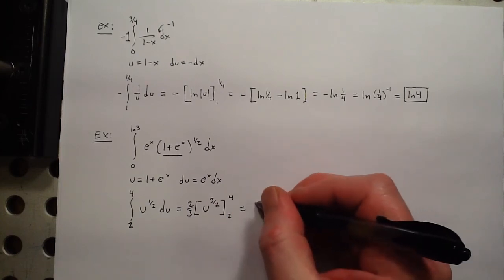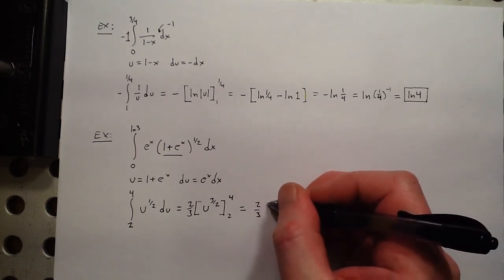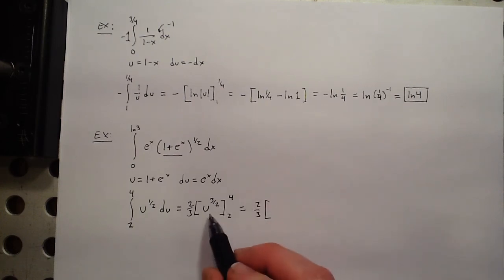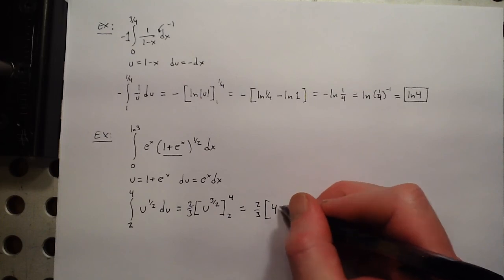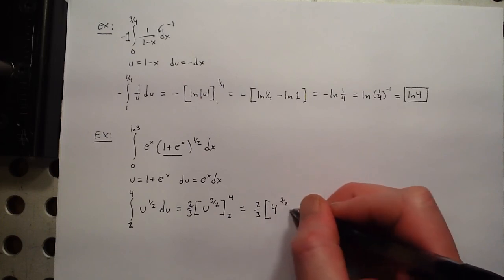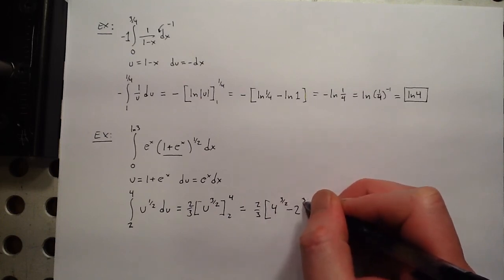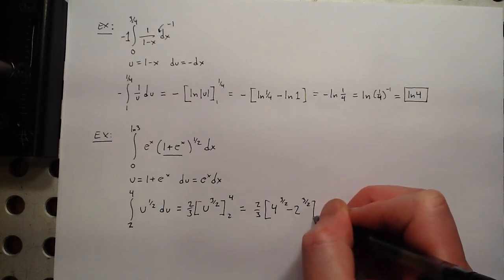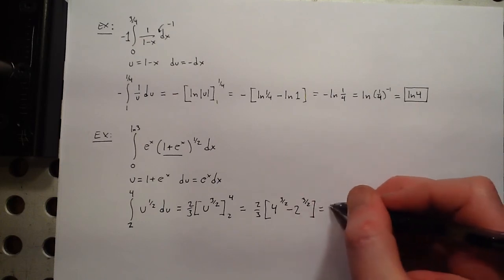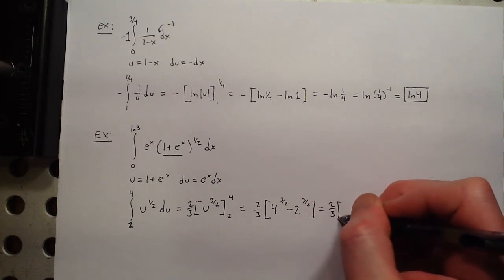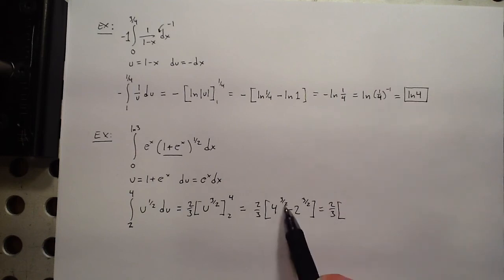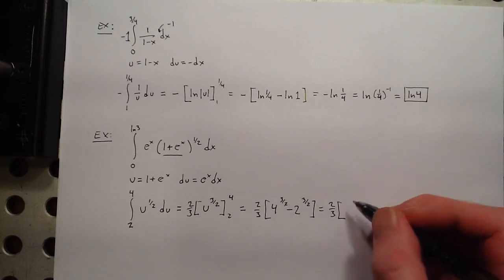That's equal to 2/3 times, let me write this out, alright, what's 4 to the 3/2? Well, this means square root. The square root of 4 is 2, cubed is 8.